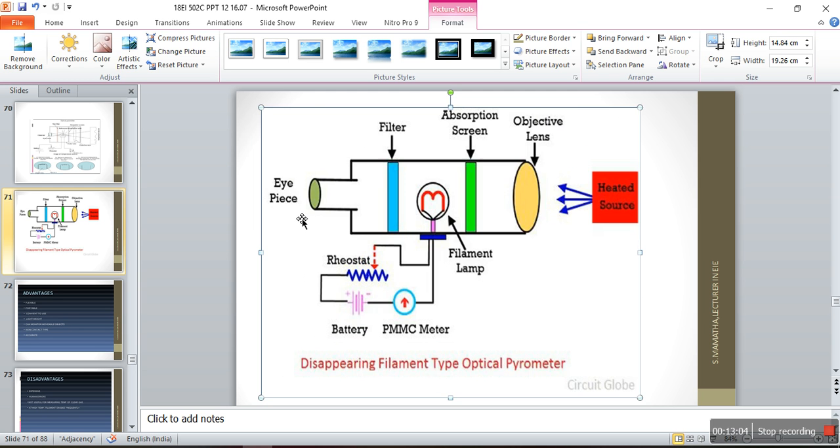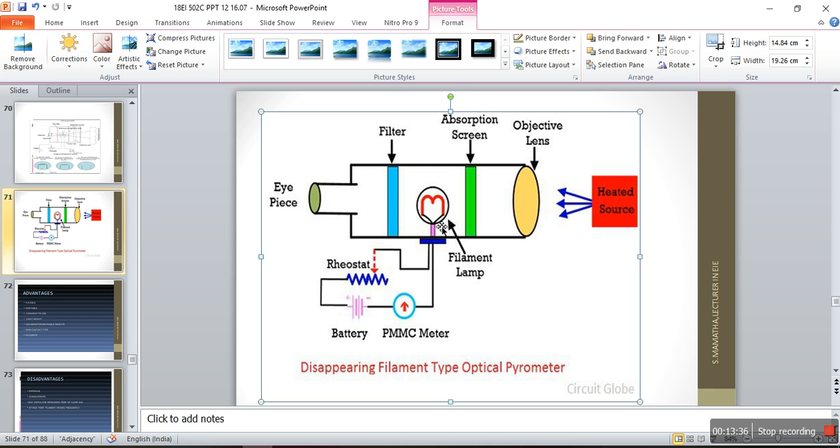When the intensity of the bulb is more than the radiation intensity, the bulb filament will be viewed very bright. When we decrease the current through the rheostat, the brightness will be lower. Then if the heated surface is hotter and we get more radiation from it than from the filament, the filament will appear dull.